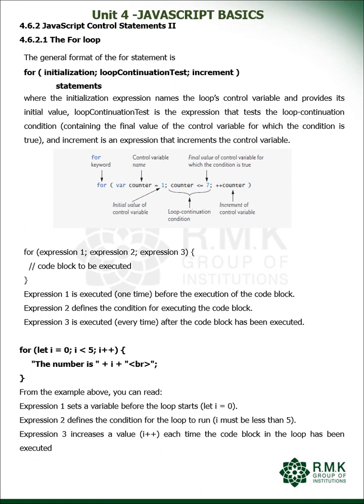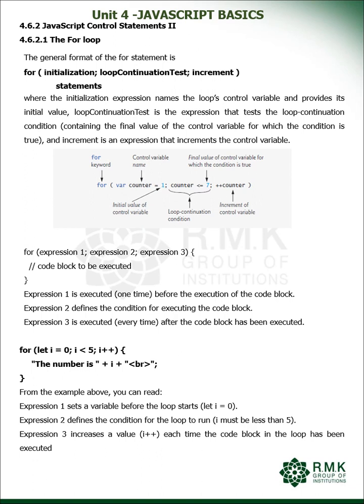In another way, you can say for has three expressions: expression 1, 2 and 3. Expression 1 is executed one time before the execution of the code block. Expression 2 defines the condition for executing the code block, and expression 3 is executed every time after the code block has been executed.